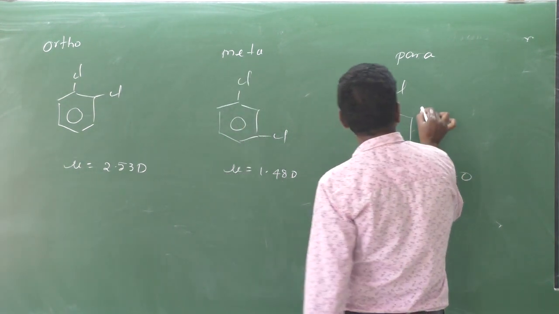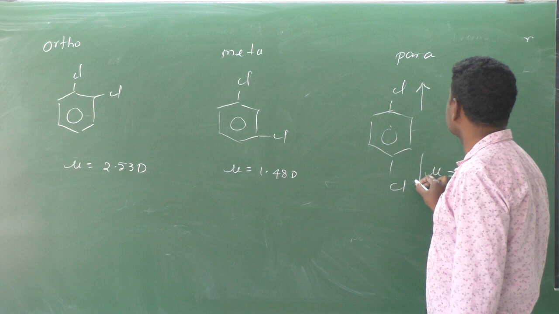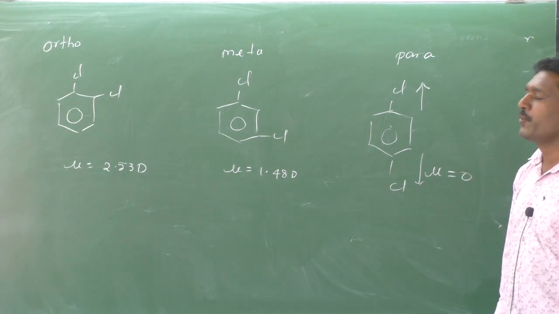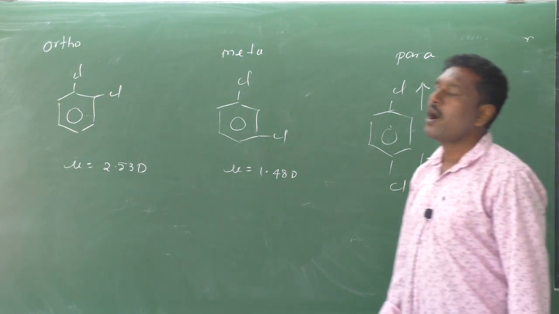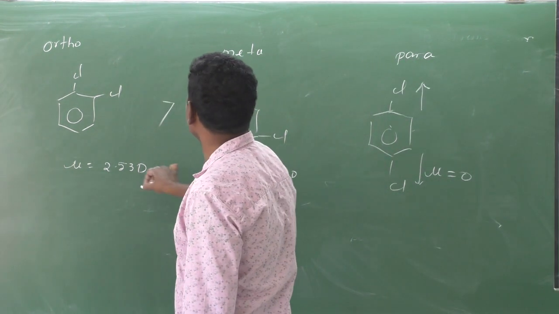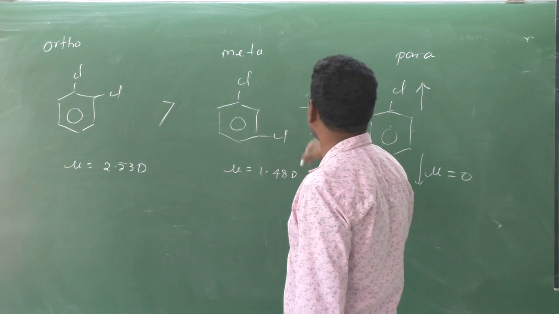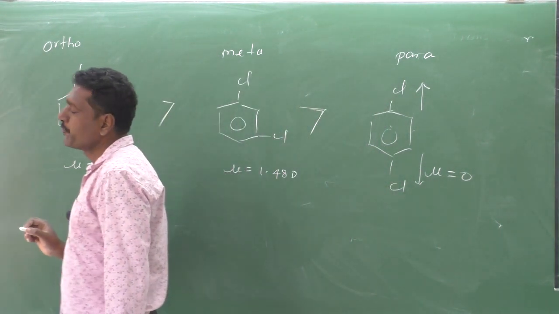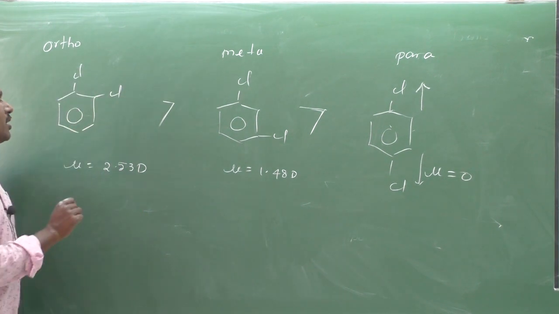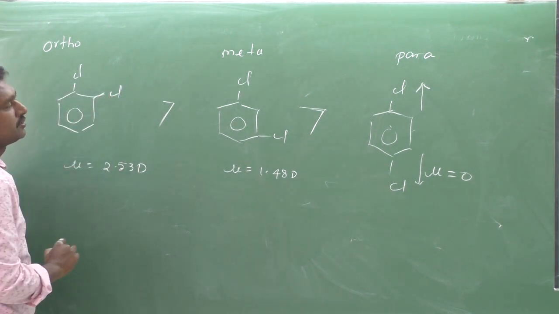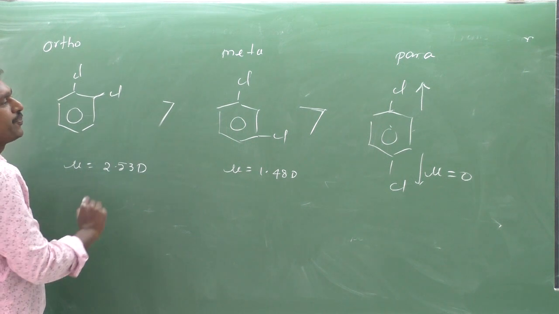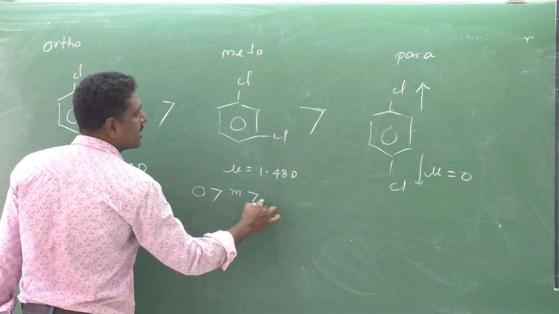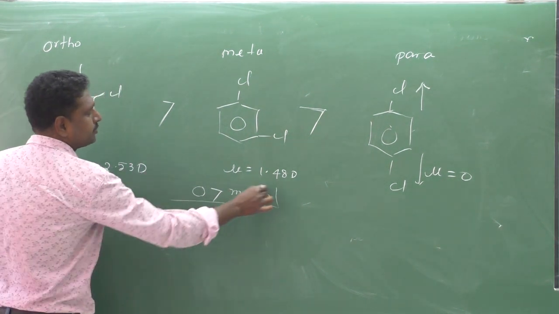So here in this direction we are observing, the net dipole moment is 0. Therefore the ortho isomer has more than meta, than para. Because the ortho isomer has bond moments in the same direction, ortho is greater than meta, and meta is greater than para.